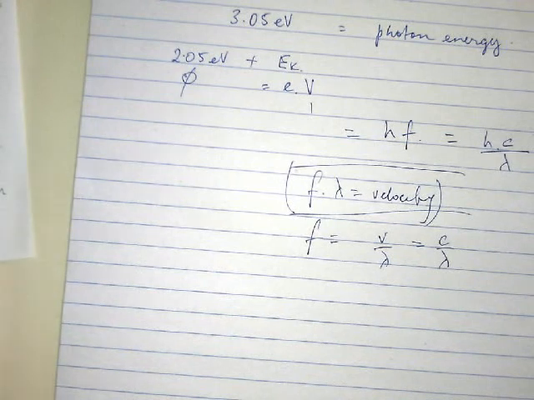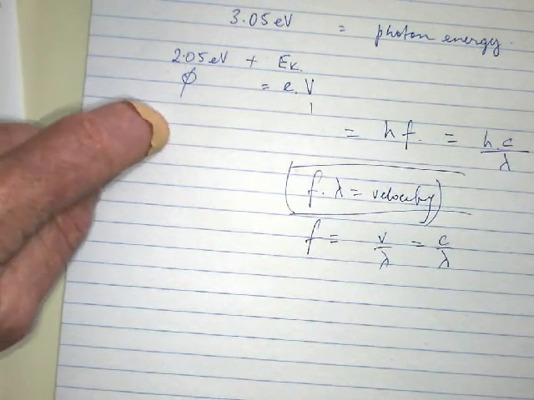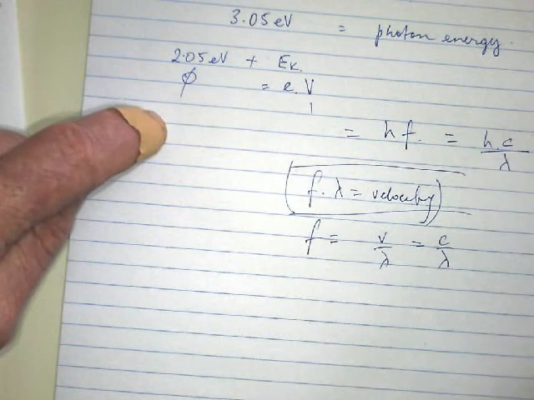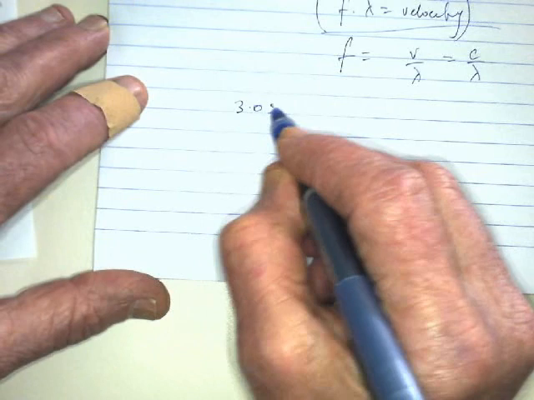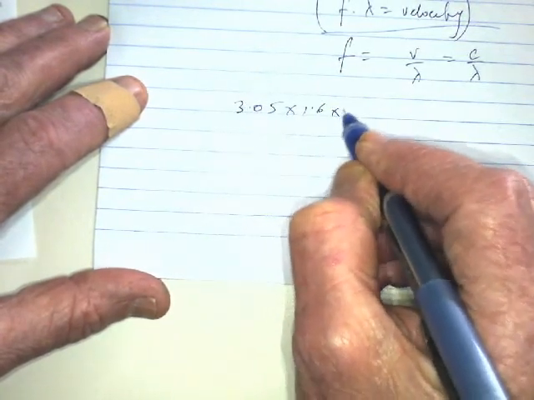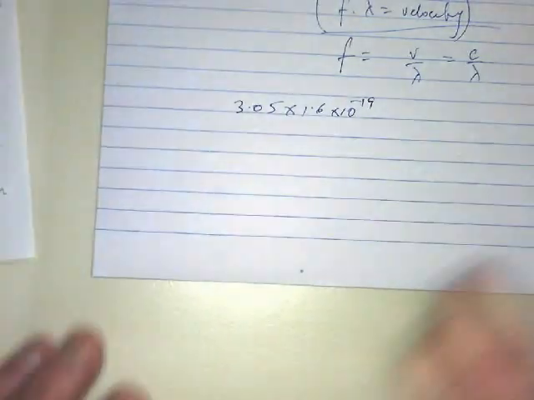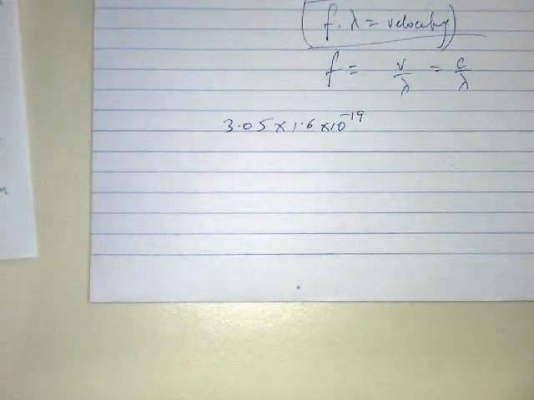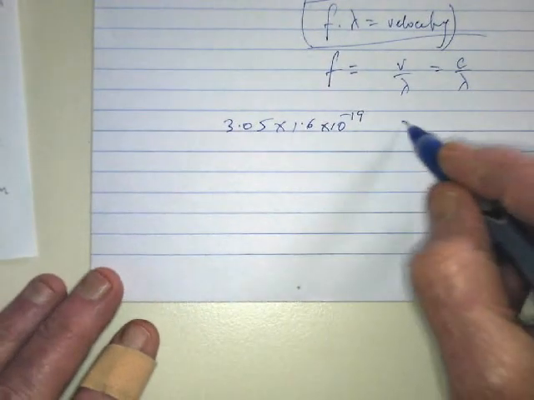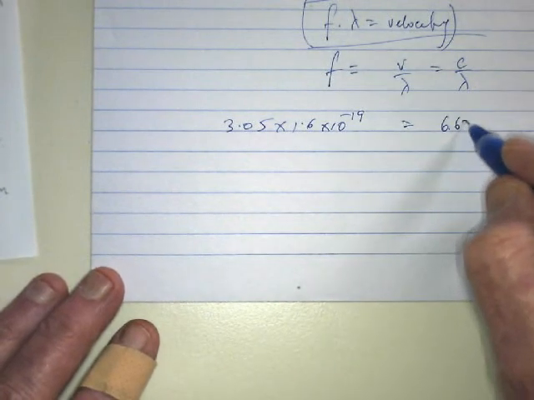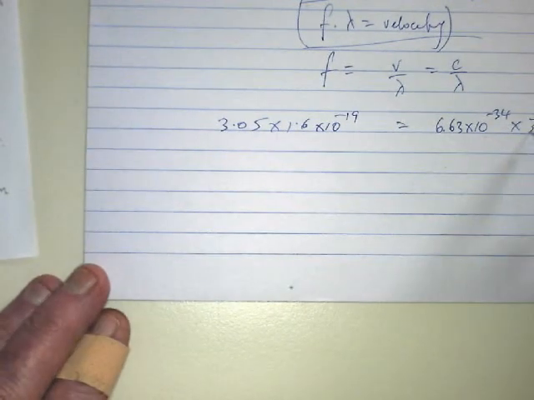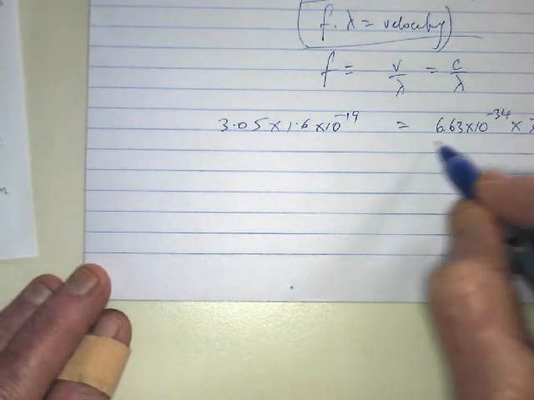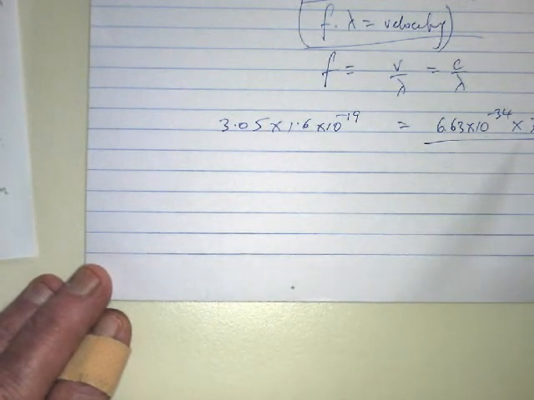Now, this is in electron volts, so you have to convert it to joules to use that expression. So it would look like 3.05 by 1.6 by 10 to the minus 19. That will be now the total energy of the photon in joules, and that should equal Planck's constant, 6.63 by 10 to the minus 34, times c, which is 3 by 10 to the 8, the speed at which electromagnetic waves move in air, and then lambda.